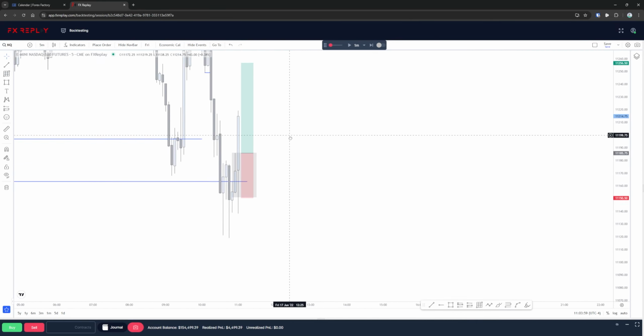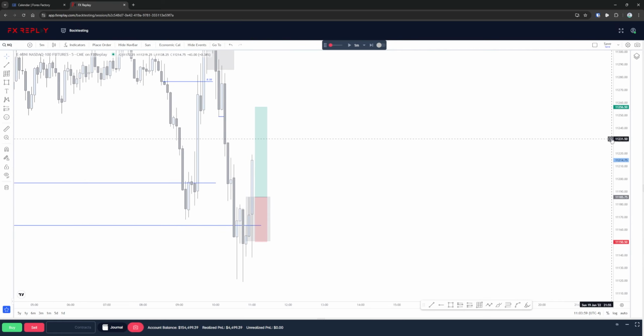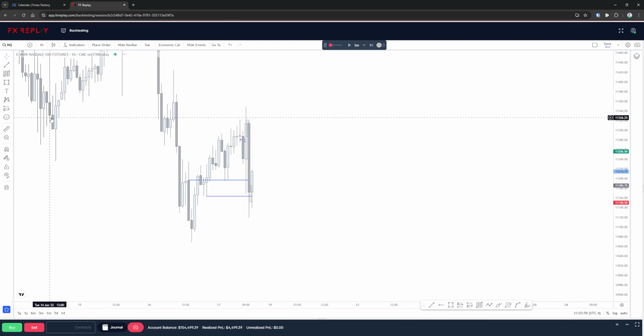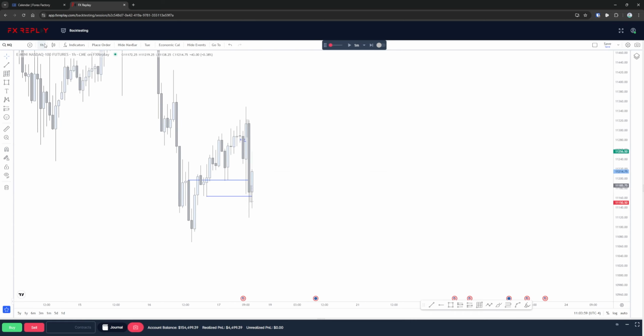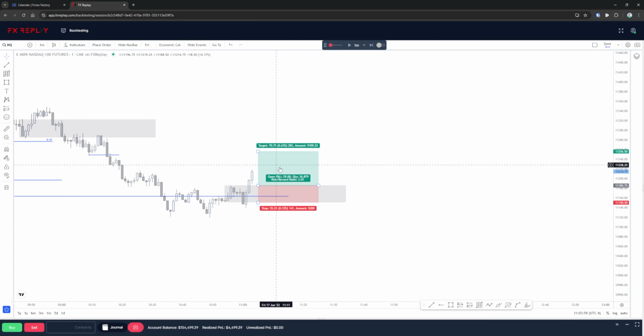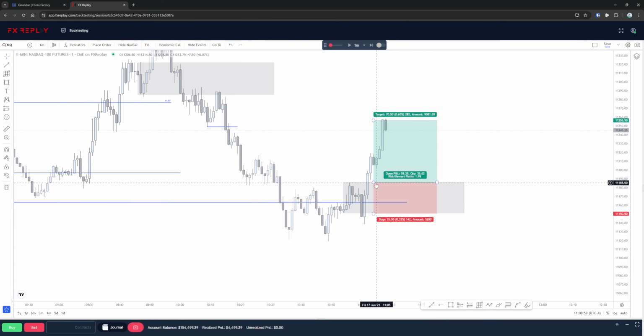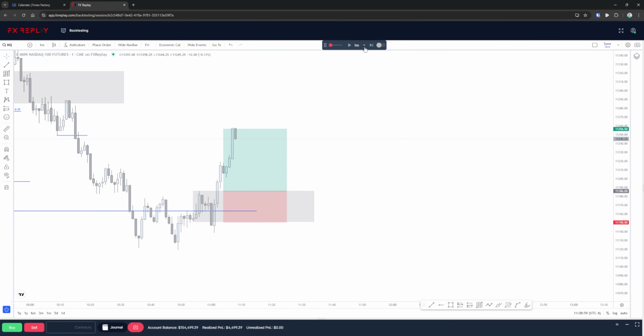Just seeing what price looks like. Yeah, so I don't feel comfortable taking this trade. Let's see what happens. It goes 2 hour without us anyway. No entry given, it's fine.